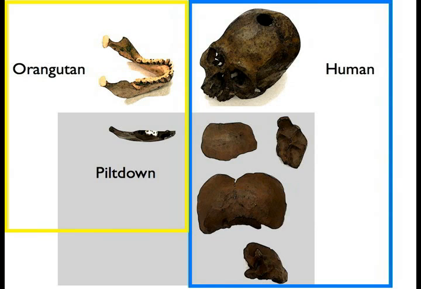Now, this is exactly what the majority within the community wanted. The majority of people were expecting that a human ancestor would combine the cranial, the brain size features of a modern human with a body that was more ape-like. And so the orangutan jaw and the modern human cranium fit right into what people were expecting.